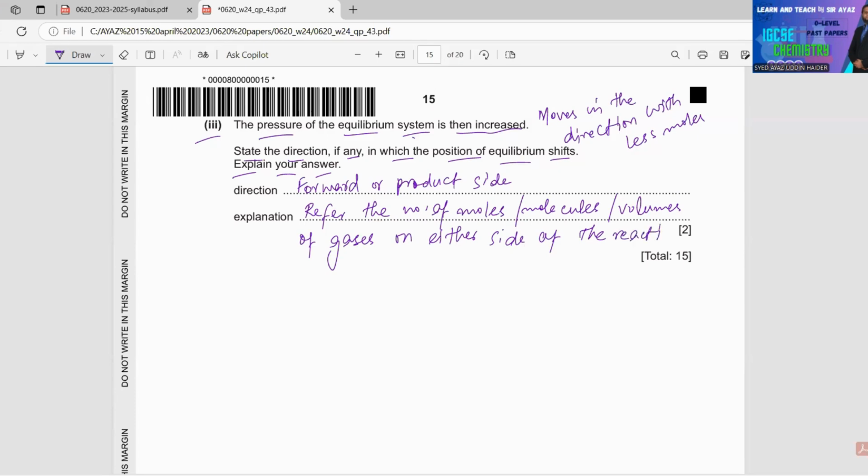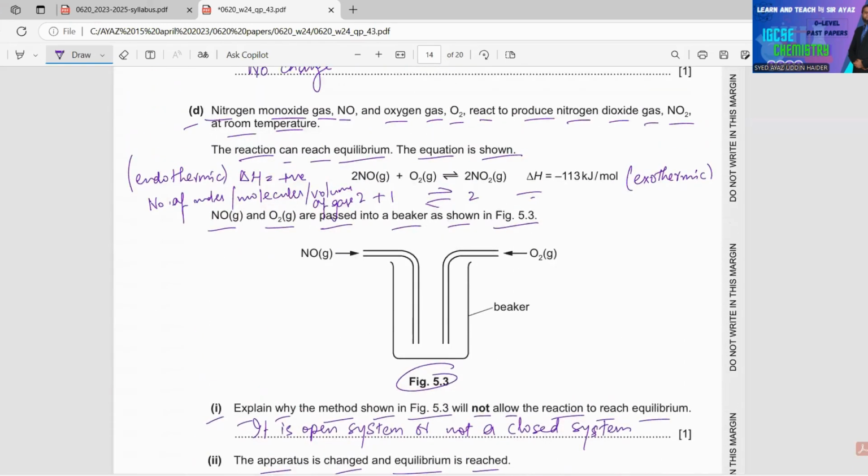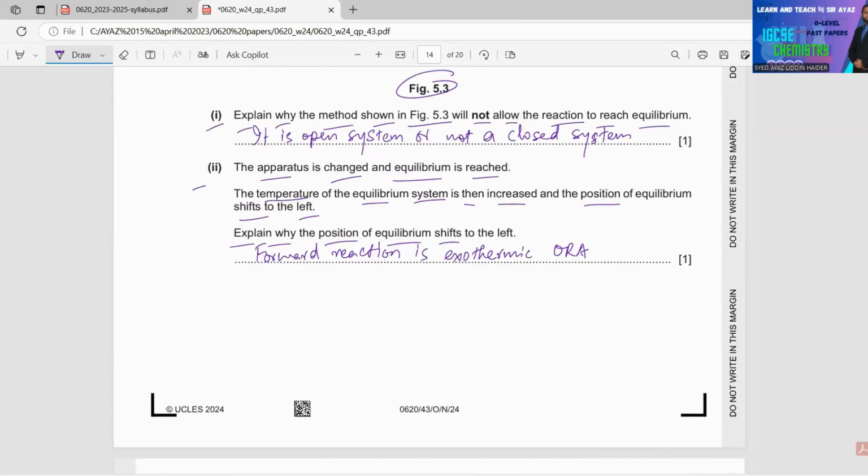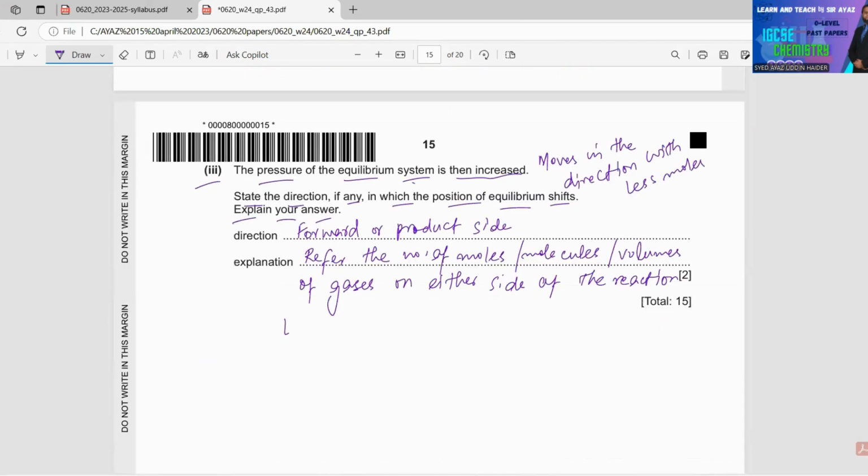So in this case, you are having less number of moles or volume of gases on the right hand side and high on the left hand side. Less, product side, or high, reactant side.